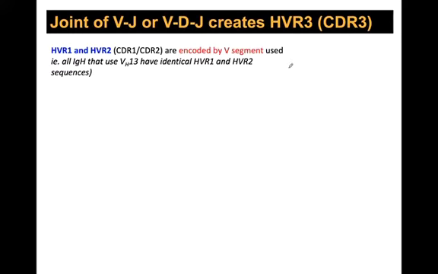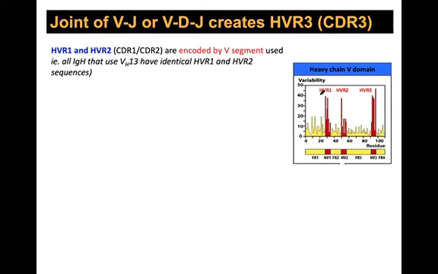Okay, so we talked a little bit about where that joint occurs between the V to J or the V to D to J segments for the light chain and heavy chain respectively. And that is at the tip, right? It's part of the fingers extending from the immunoglobulin taco that form the actual antigen binding site. Now, there's 2 different kinds of CDR or HVR1 and 2, okay?